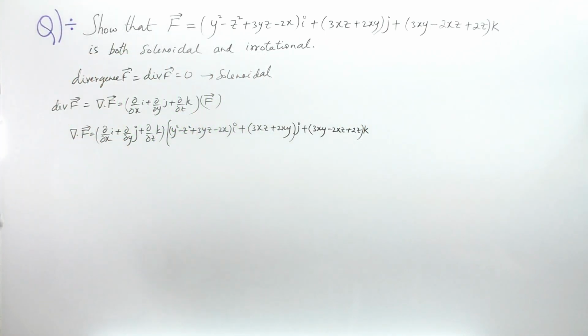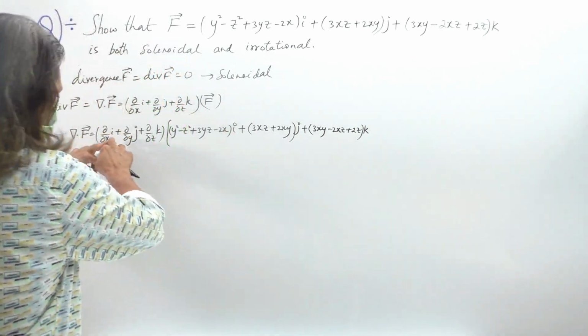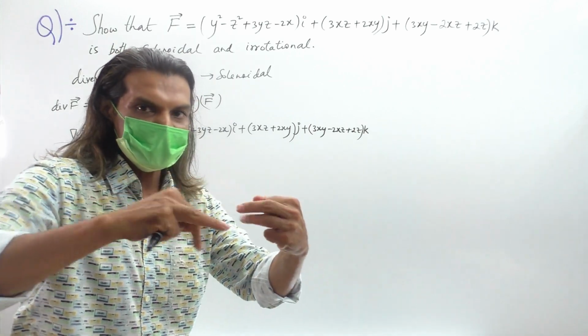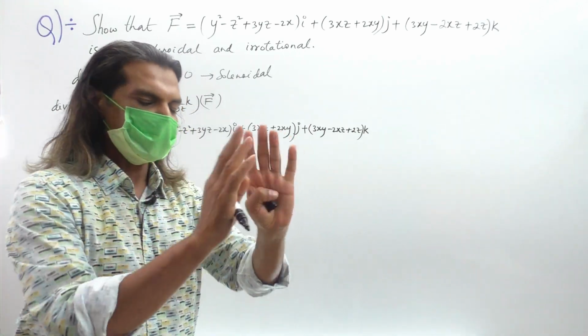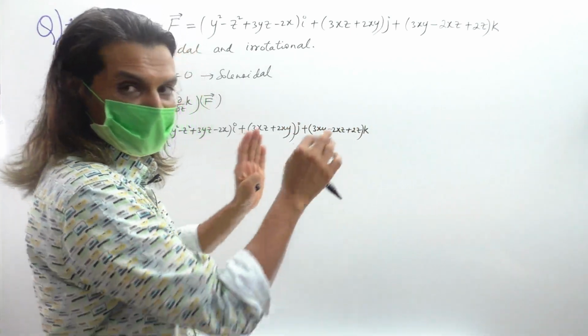When you apply divergence, i into i is 1, j into j is 1, k into k is 1. Nothing else; i goes with i, j with j and k with k, and we partially differentiate with x, y and z.